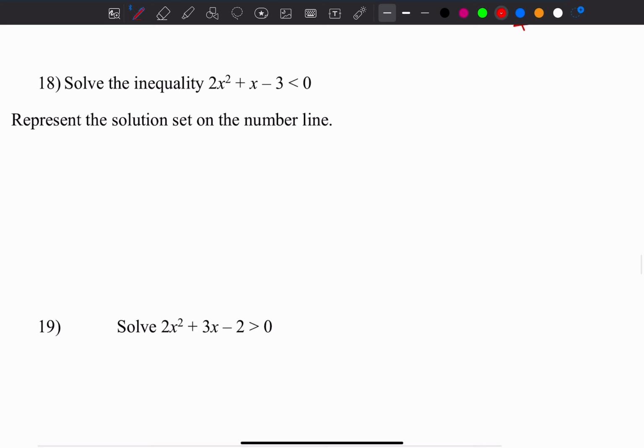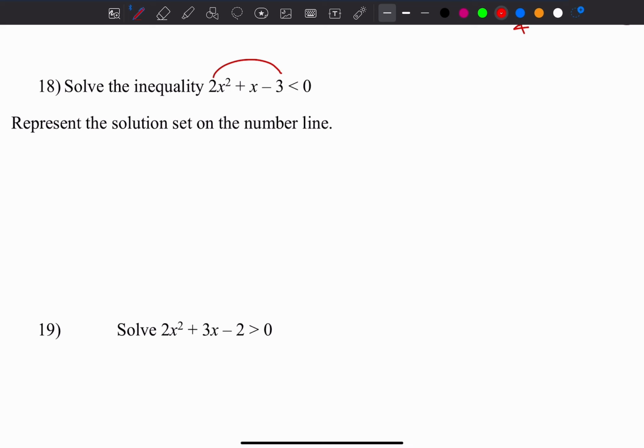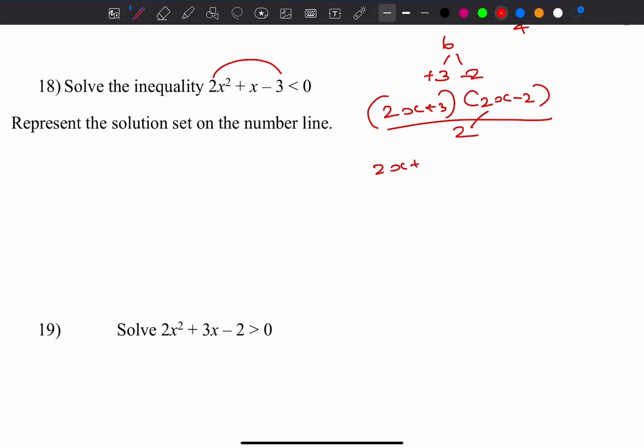Okay, so in this inequality, 2 times 3, 6, factors of 6 that make 1: 3 times 2 plus 3 minus 2. 2x plus 3, 2x minus 2, divided by 2. We'll divide here. 2x plus 3, x minus 1 is less than 0. x is minus 3 over 2, x is positive 1.